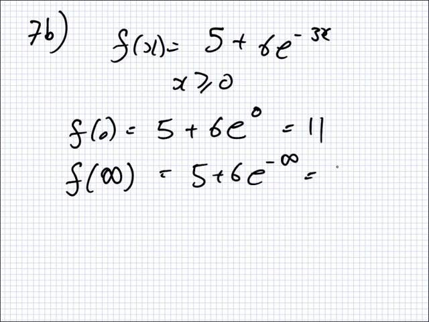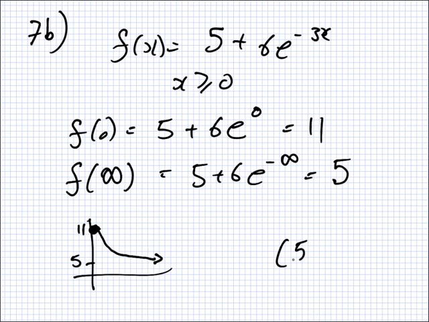What would that be? What's that? Come on. 5. So what's happening is you're starting off at 11 and you're lowering to 5. You do actually achieve 11 at the beginning, but you don't really make it to 5. So the answer is 5 to 11, like that.